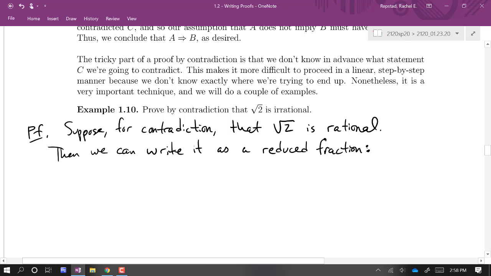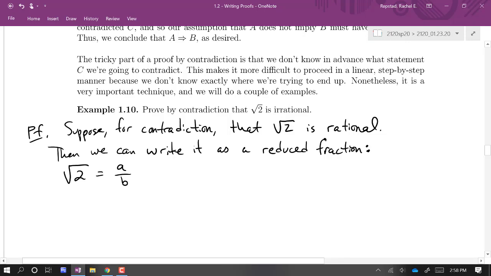What it means to be written as a reduced fraction is that the square root of 2 is some fraction a over b. If this fraction a over b is reduced, what makes a fraction reduced? By canceling out common factors.